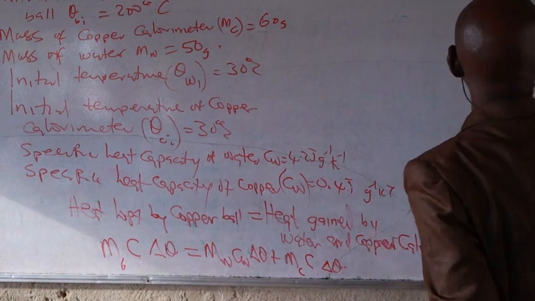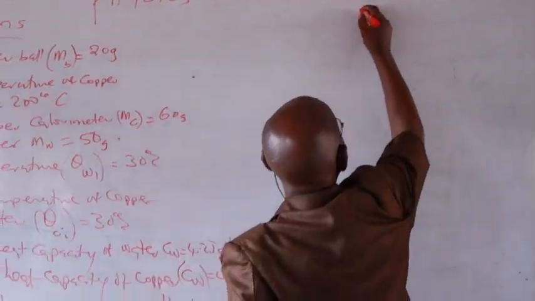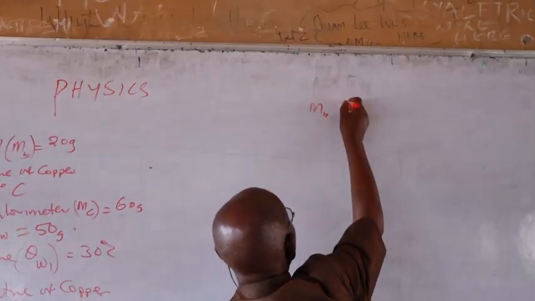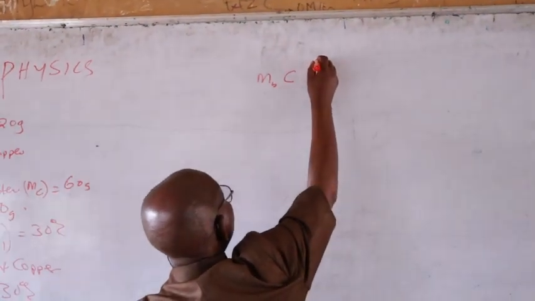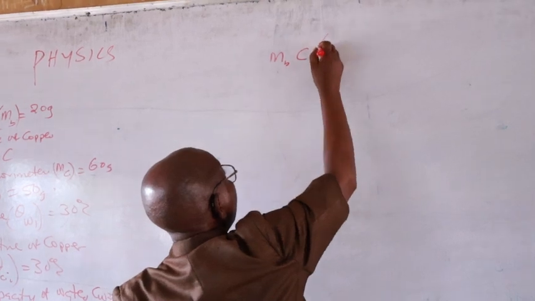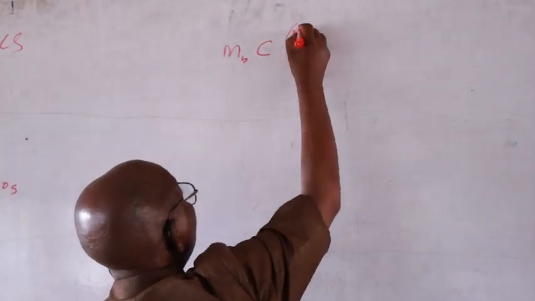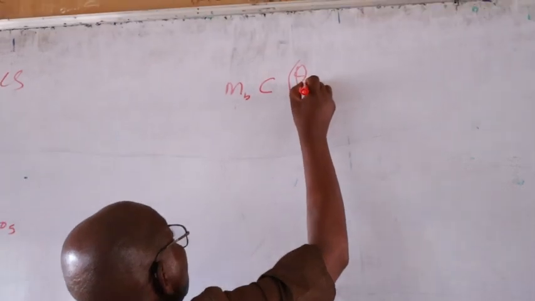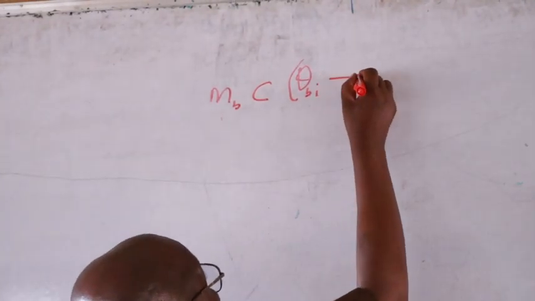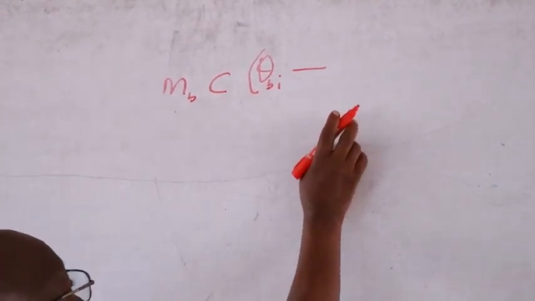You can break this one down into mass of copper ball, MB, capacity of copper, change in temperature now. This is going to drop from 200. That's initial temperature of the ball. That's I minus the mixture temperature.